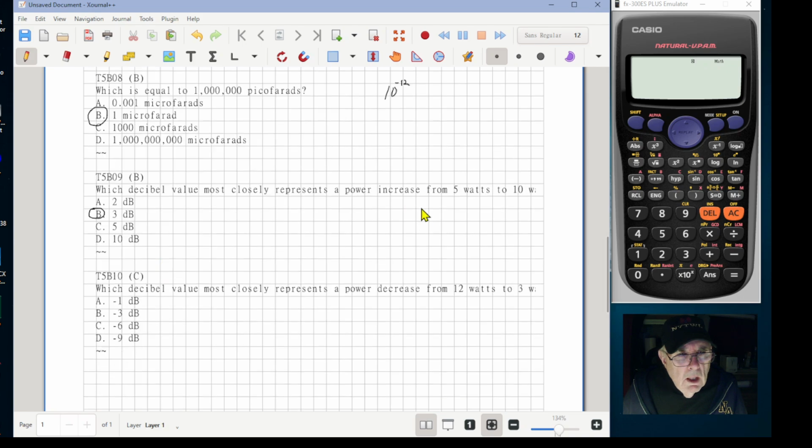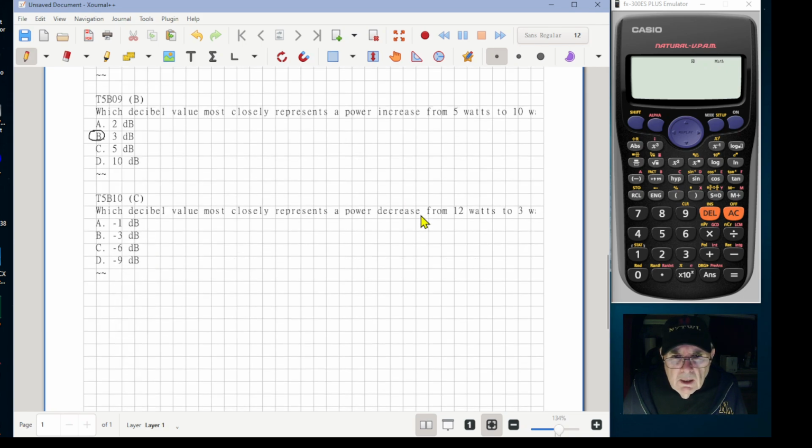Okay. The next one and the last one we'll do in this first video is what decimal value most closely represents a power decrease from 12 watts to 3 watts. Okay. Well, if we cut it in half, if it went from 12 watts to 6 watts, it would be minus 3 dB.